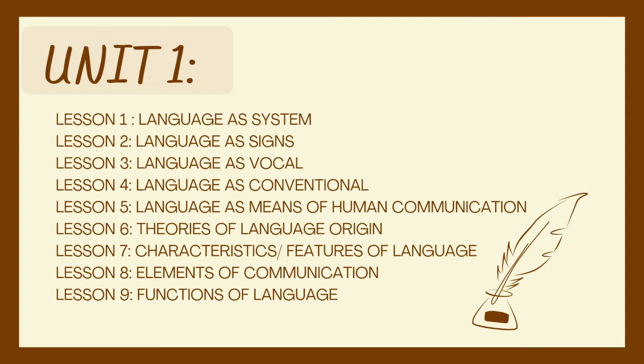To continue with lesson 4, language as conventional. In this lesson, the thing that you need to inculcate is that language is conventional. It is because it can be represented in many different ways. There is usually no connection between the sounds we make and the phenomena of life.